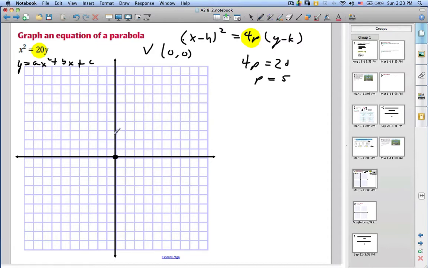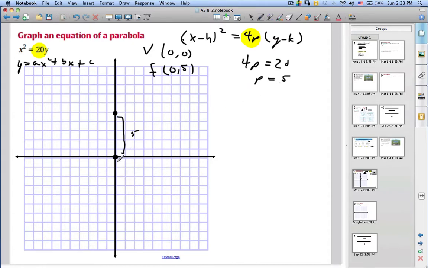So 1, 2, 3, 4, 5. Here's my focus. So my vertex is at 0, 0, and my focus is at 0, 5, because I moved a distance of 5 from my vertex. And it was positive, so I moved up.